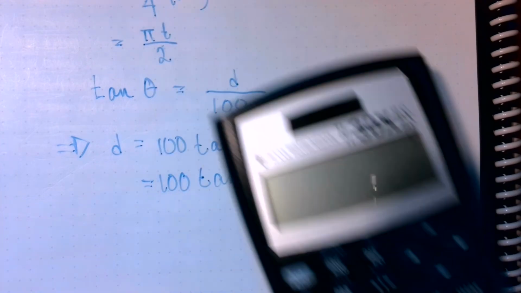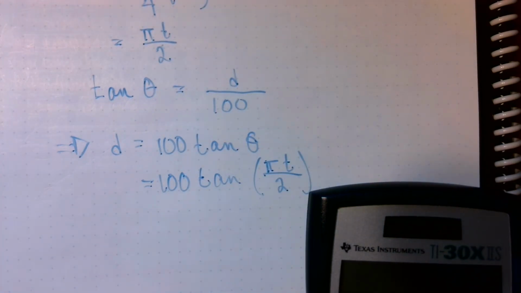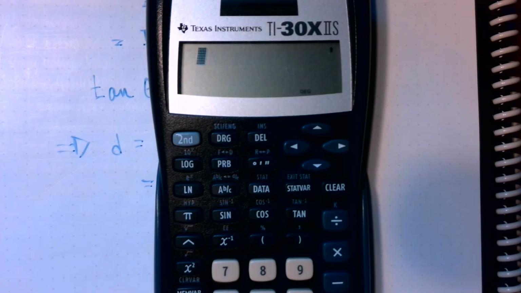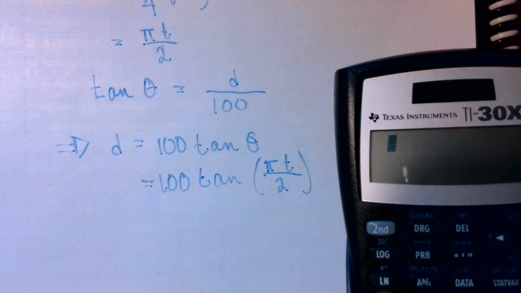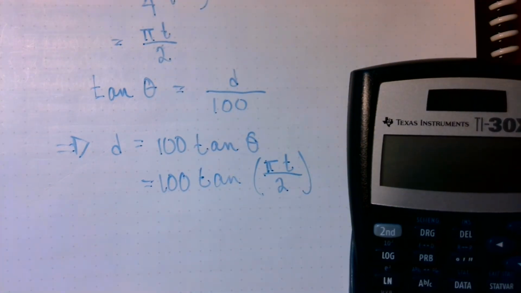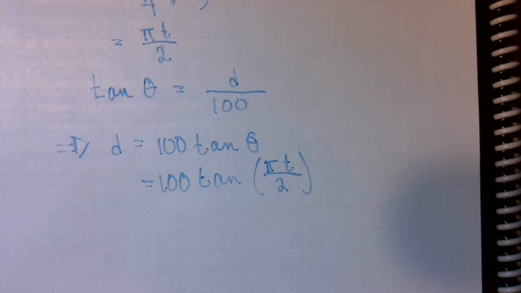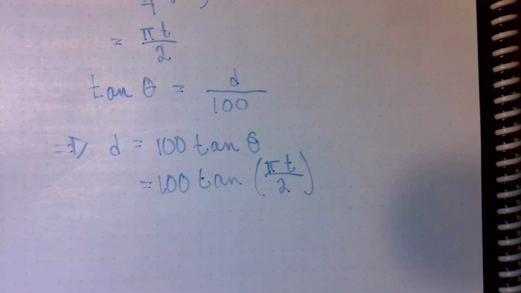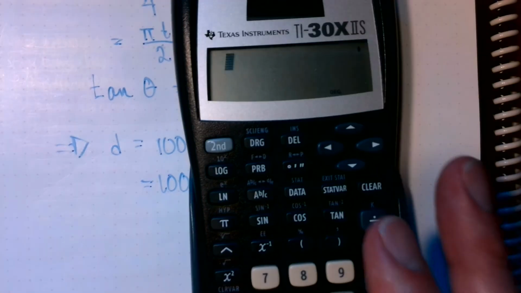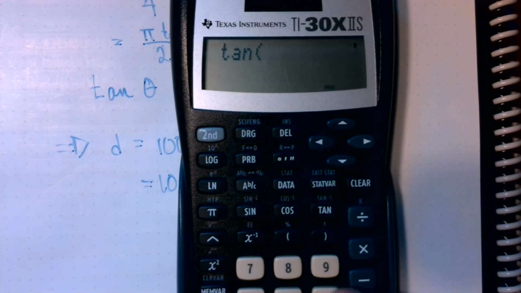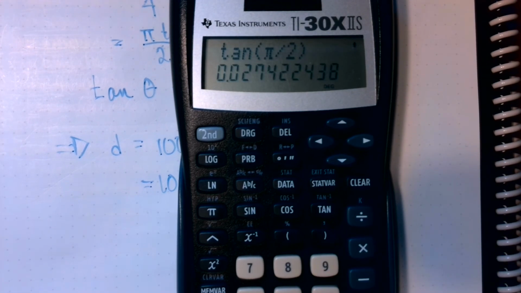Actually, it's when t equals 1 that I'm in trouble. When t equals 1, I'd have tangent pi over 2. Let me look at that. Tangent pi over 2. Yeah, that's a problem, right?